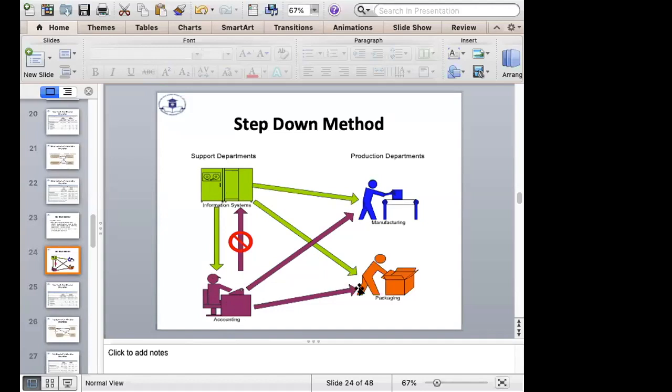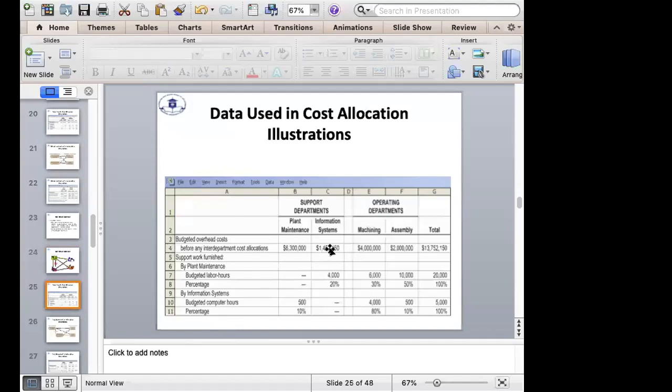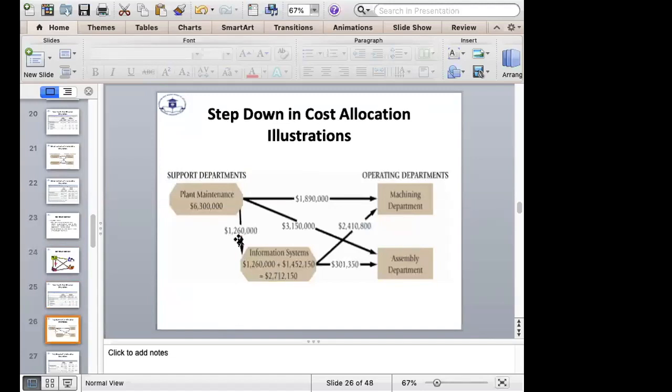So keep in your mind, do not simply allocate this number here and here. Of course not. Some number comes from here. So this number will increase, and then the total number will be allocated here and here. That's exactly what happened here. This number is coming from this department, since this department is providing services to information system.